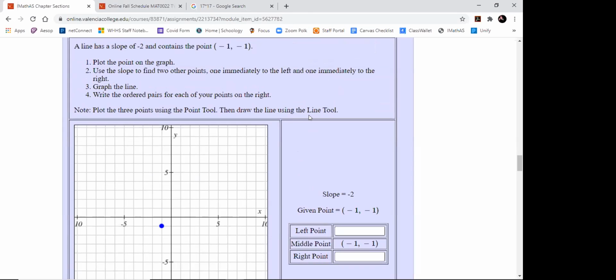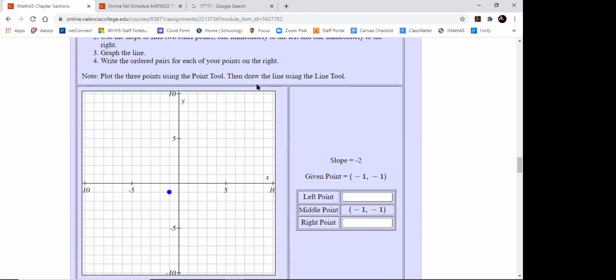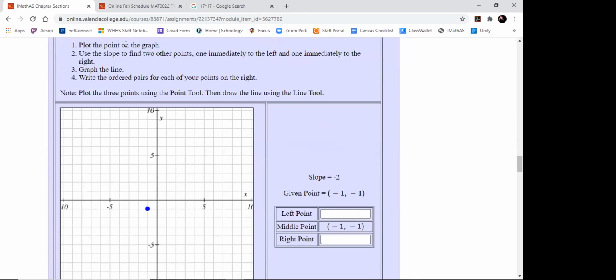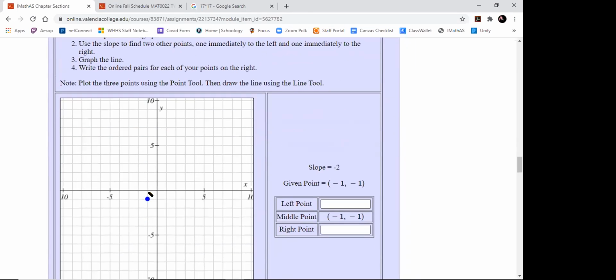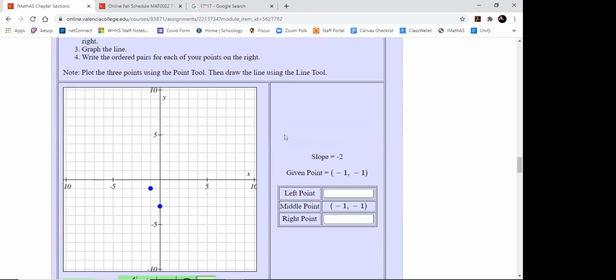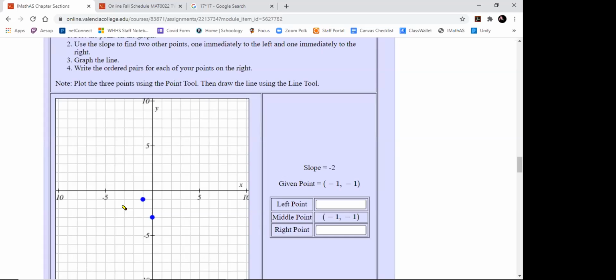So here's what's going to happen. Our slope is -2, right? So thinking of slope being rise over run, you're going to rise -2, which means go down 2, and then go to the right 1. And that's a point to the right. You can also go up 2 and go to the left 1. As long as your points make a straight line among them, they all work.